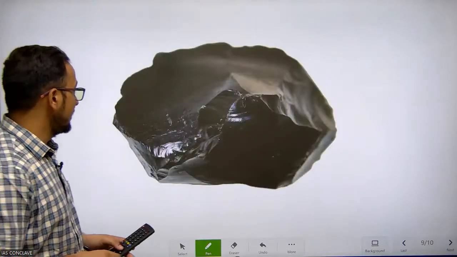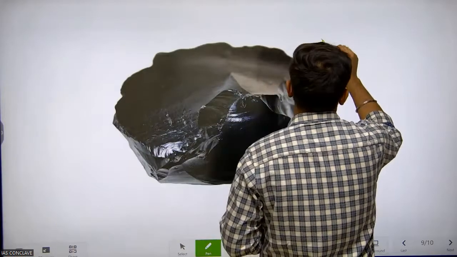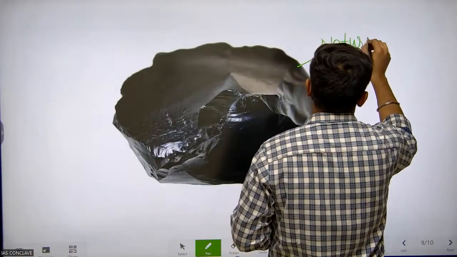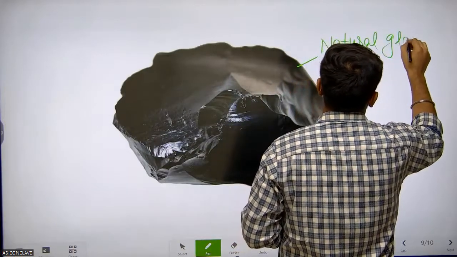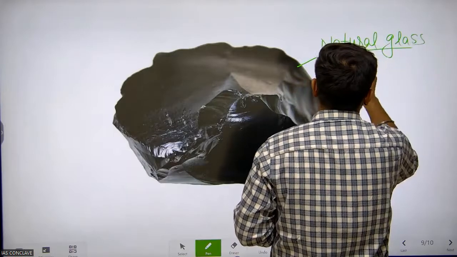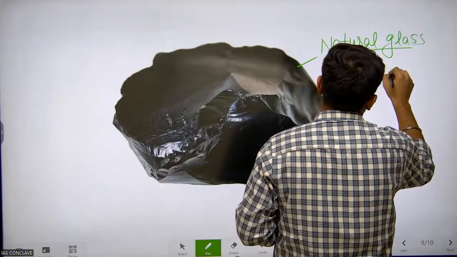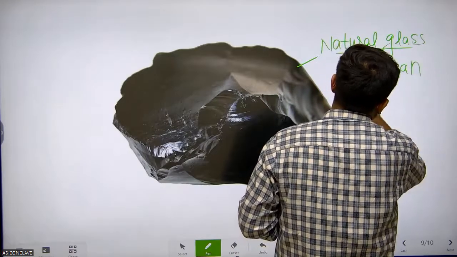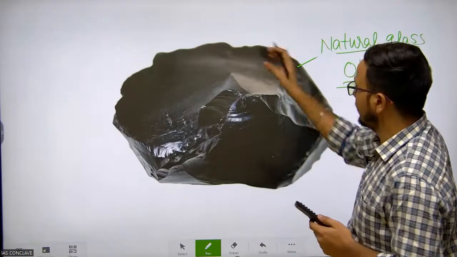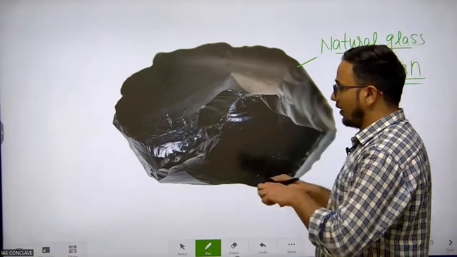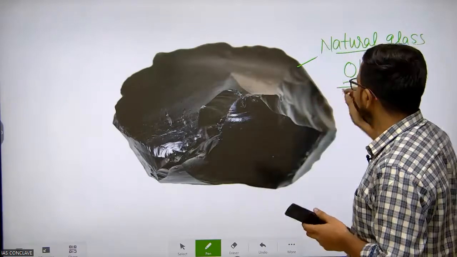Now how does it look? This is a natural glass, obsidian.